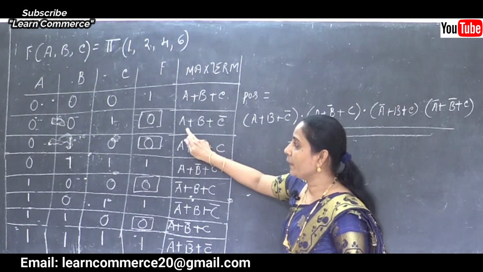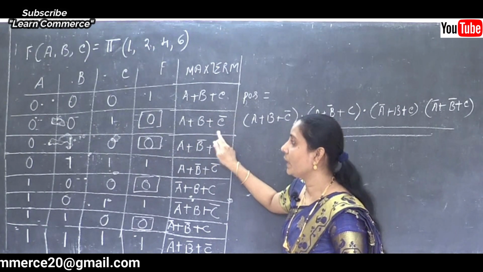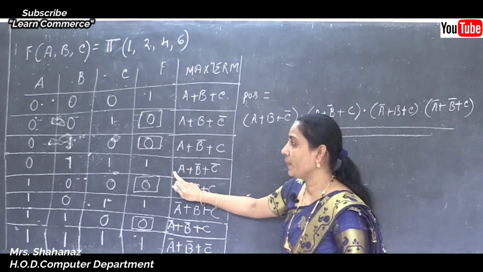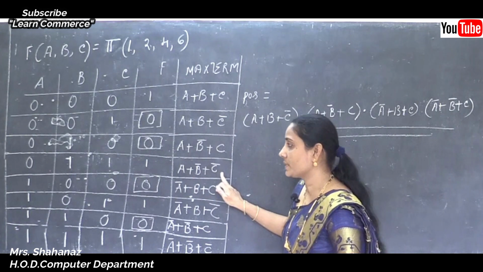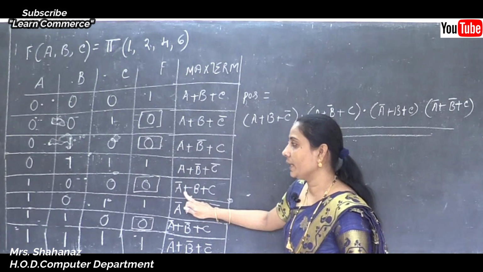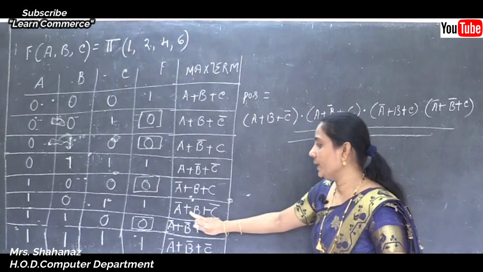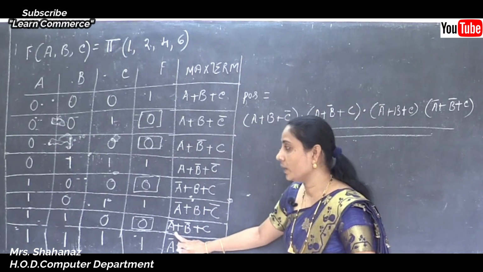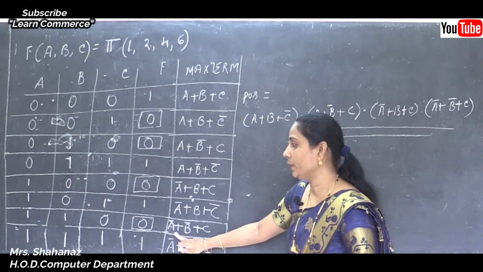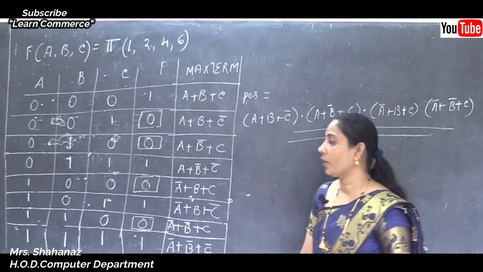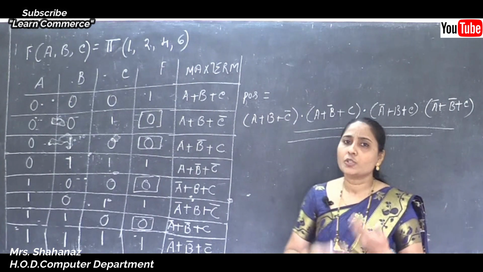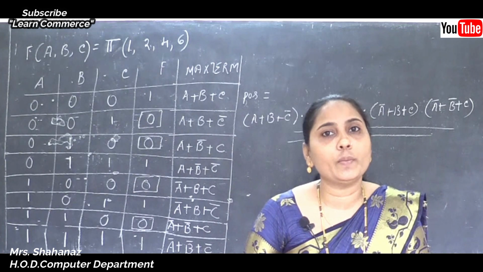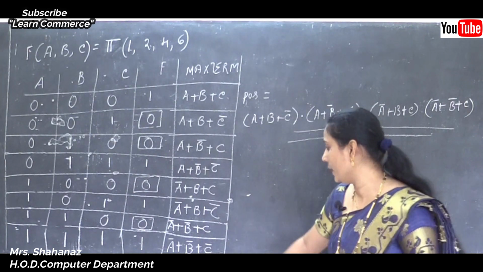Next one, A plus B plus complement of C, then A plus complement of B plus C, then A plus complement B plus complement C. Next, complement A plus B plus C, then complement A plus B plus complement C, then complement A plus complement B plus C, and finally, where the value is 1 everywhere, complement A plus complement B plus complement C. There is no doubt how we are using them.